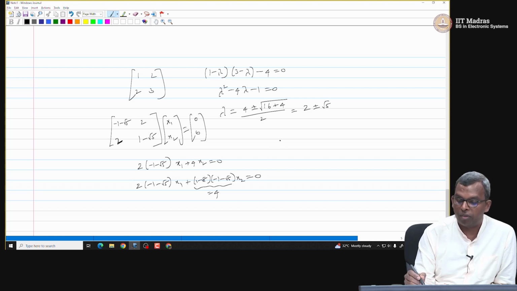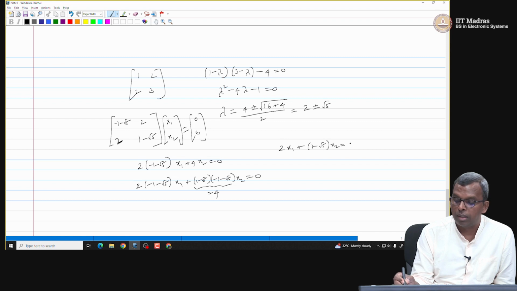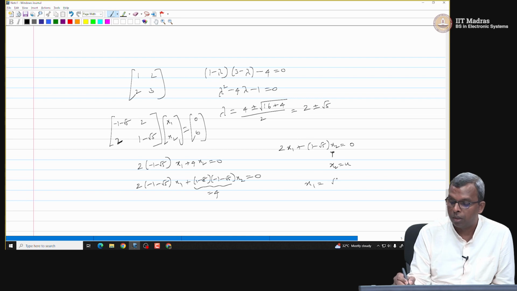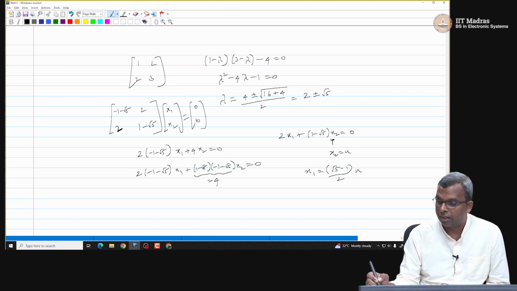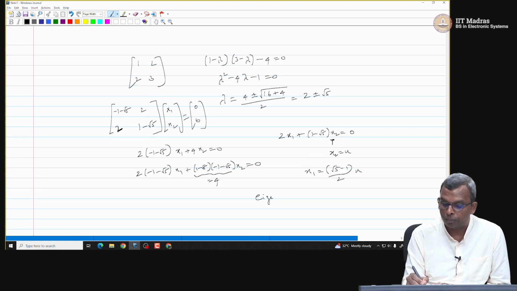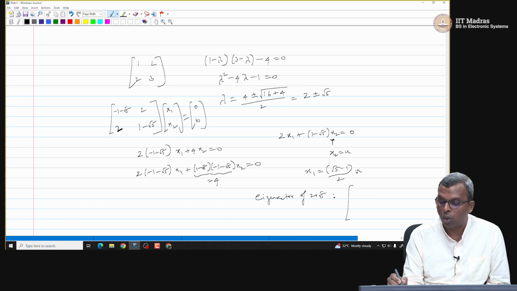So, you can take x2 to be a free variable and not worry about anything else. You can also take x1 to be a free variable, or let us take x2 to be a free variable. Look at the first equation, 2x1 plus 1 minus root 5 x2 is 0. So, you take x2 as a free variable u, and then your x1 becomes root 5 minus 1 by 2 times u. So, the eigenvector corresponding to 2 plus root 5 is actually, so this u can be put as 1 if you like.